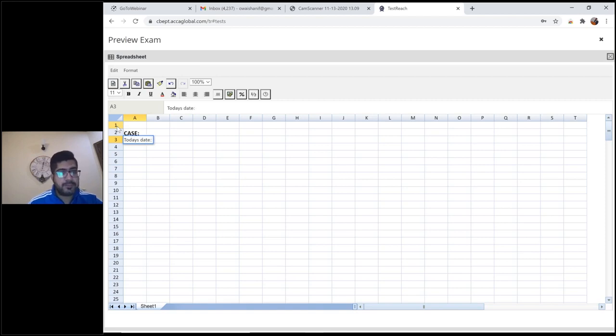What is today's date? Third, what is the borrowing or deposit date? And till when borrowing or depositing.